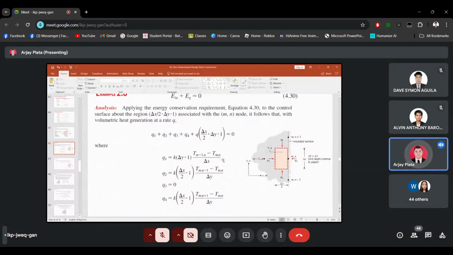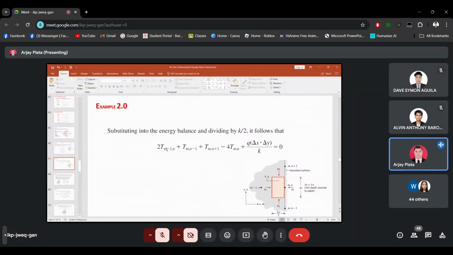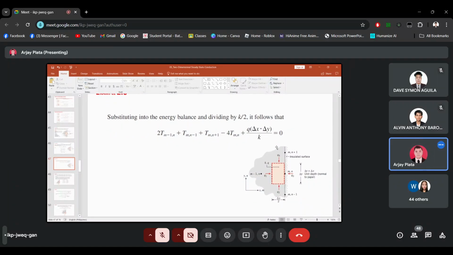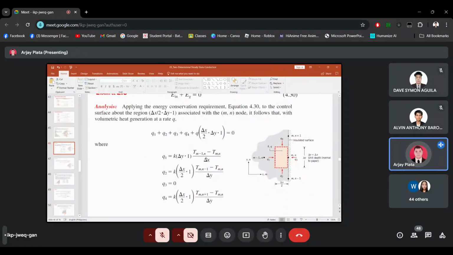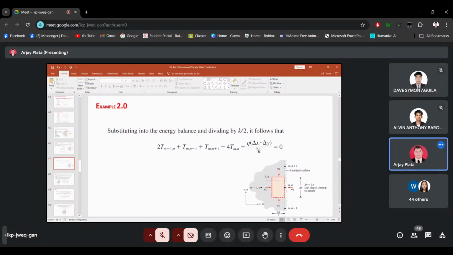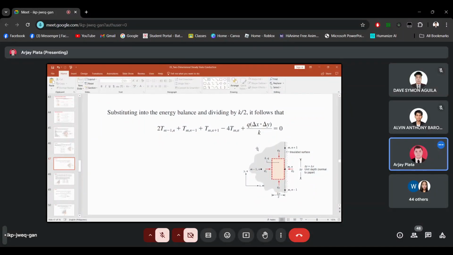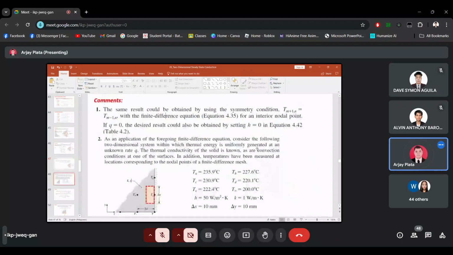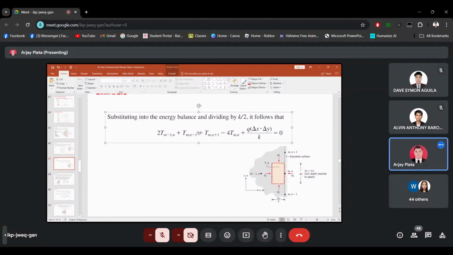So our equation is 2T(m-1,n) plus T(m,n-1) plus T(m,n+1) minus 4T(m,n) plus q delta x times delta y over k equals 0. We just have to add all these equations and then include the heat generated. So this is our heat generated. This is what is asked in the problem. If you have already derived this, then it's okay.